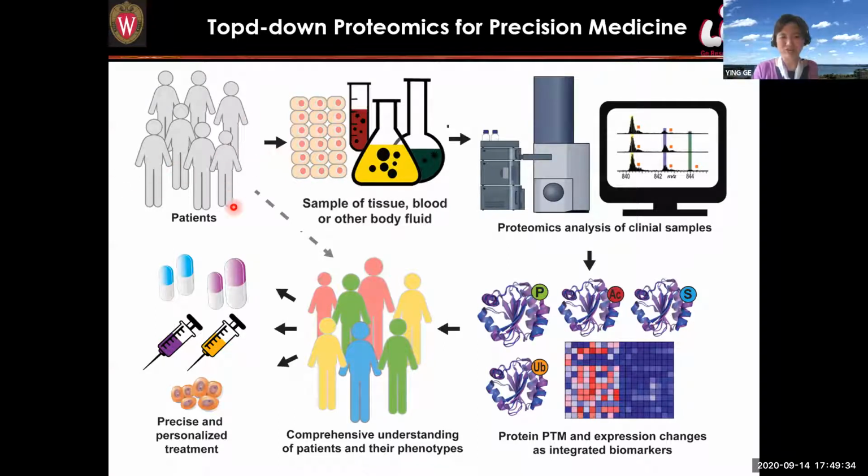We take the patients, collect the tissues, the blood, the bodily fluids. We can do proteomics on these clinical samples, and we essentially use protein PTM and expression changes as integrated biomarkers to segregate patients into different groups that we can use for more precise and personalized treatment.